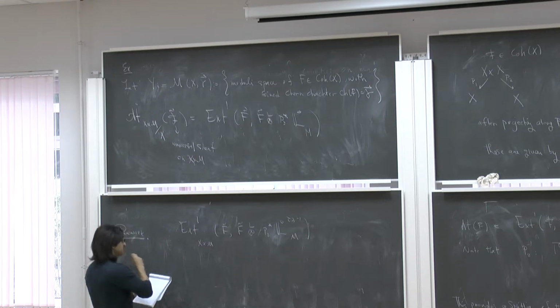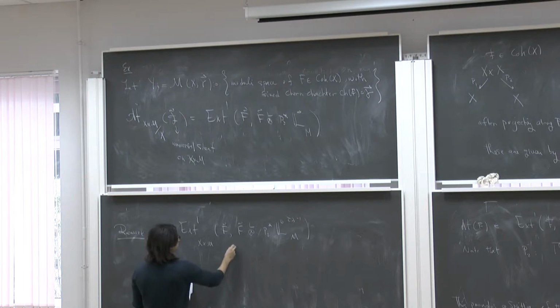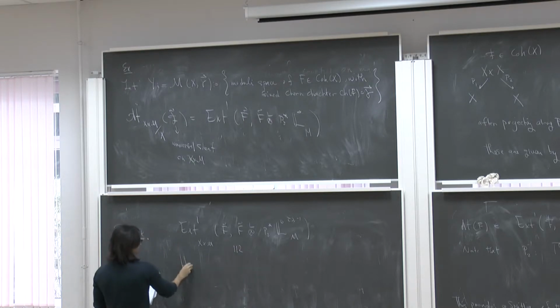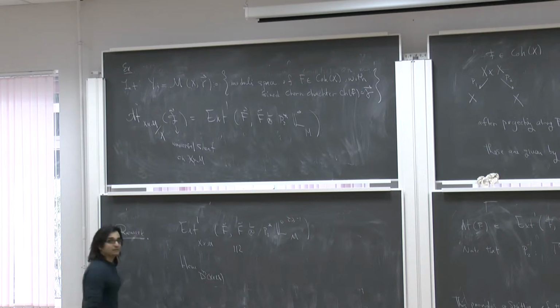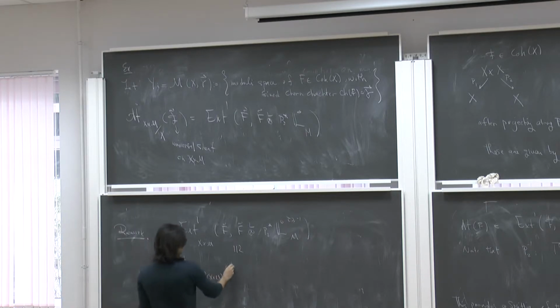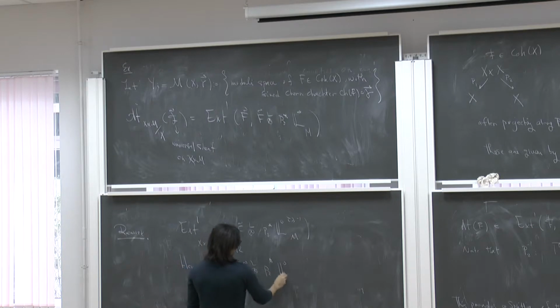I can write this as a homomorphism. So this is isomorphic to a homomorphism in the bounded derived category of X times the moduli space from F to F tensor pullback of the cotangent complex of my moduli space.